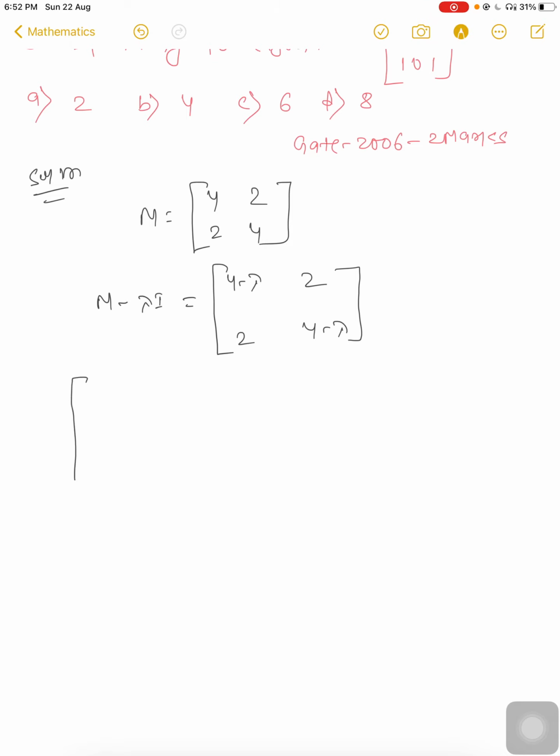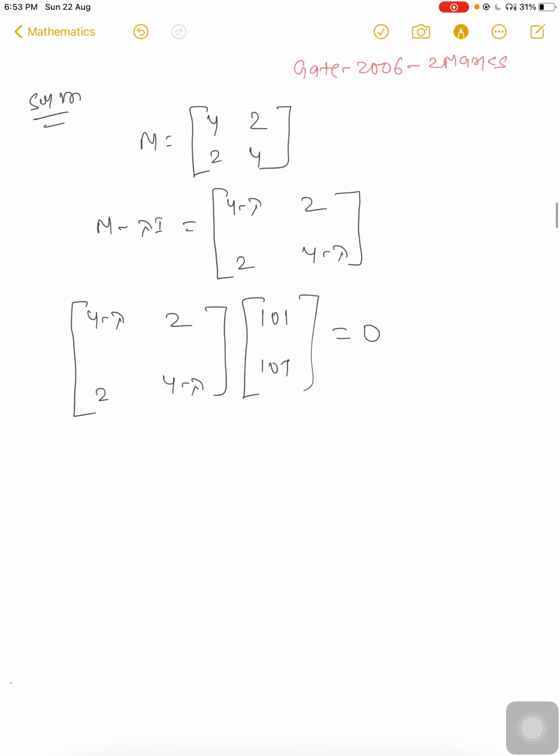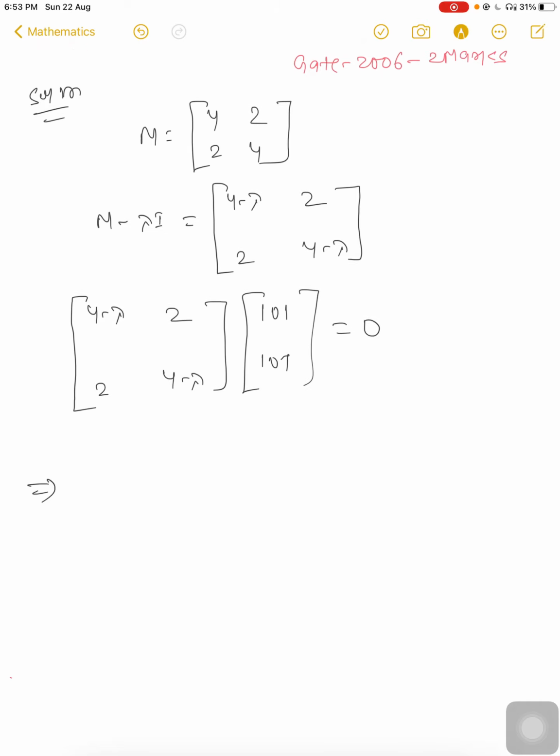Then what will happen? We have to multiply it with 1, 0, 1, 1, 0, 1. It should be 0. And check it.